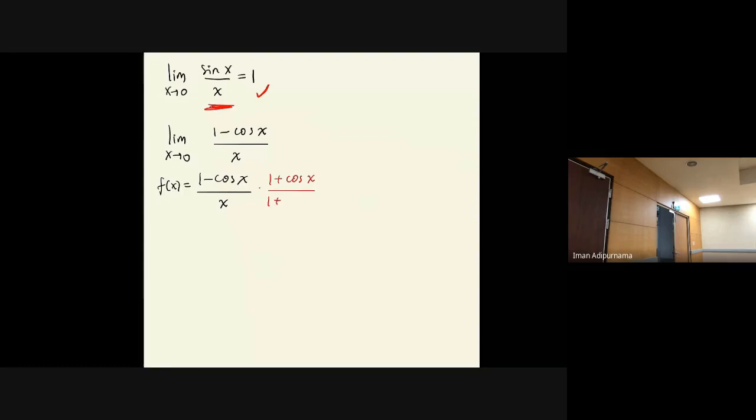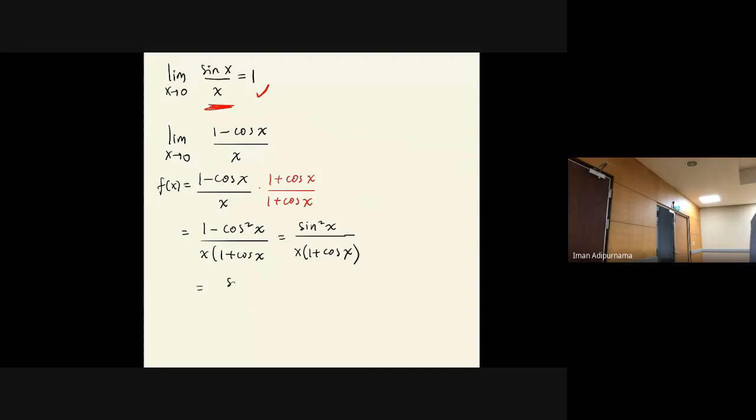I'm doing this multiplication because I want to change the top one through a trigonometric identity. So the top will be 1 minus cosine squared, the bottom one I will just keep x times 1 plus cos x. Here it will be sine squared x, and the bottom will be x times 1 plus cosine x.